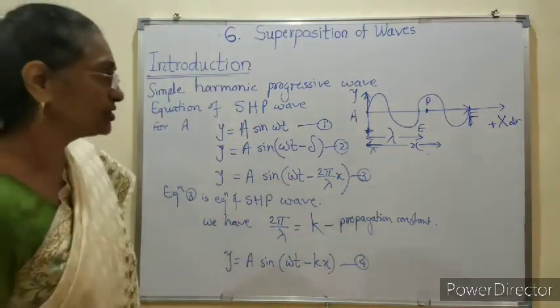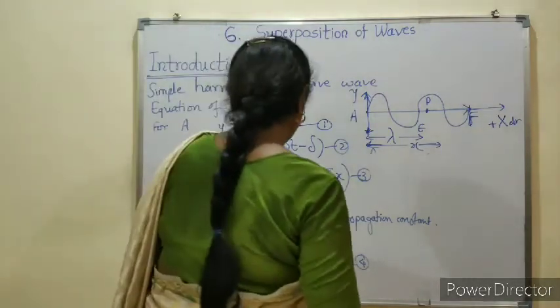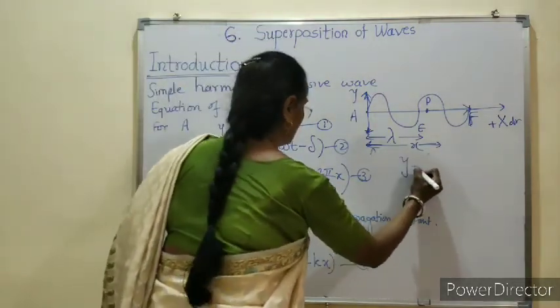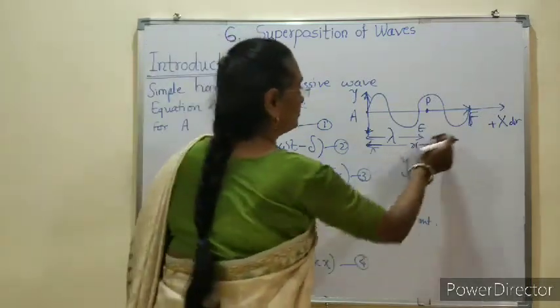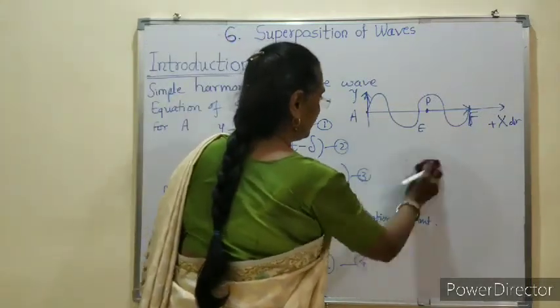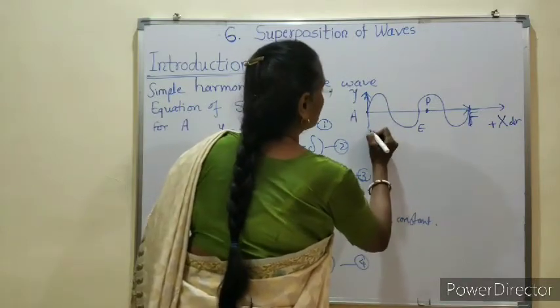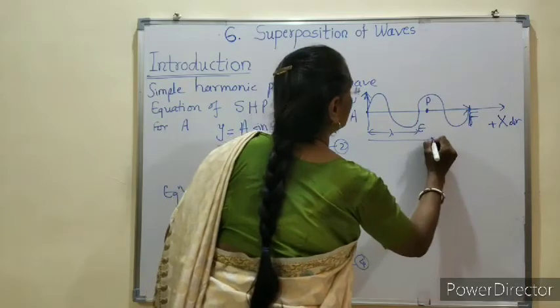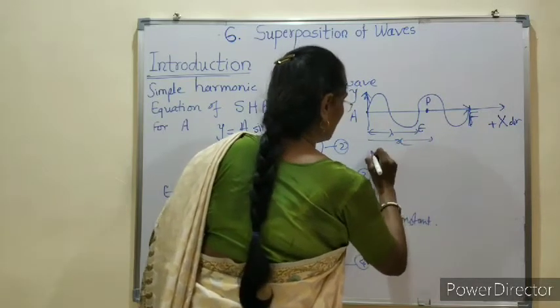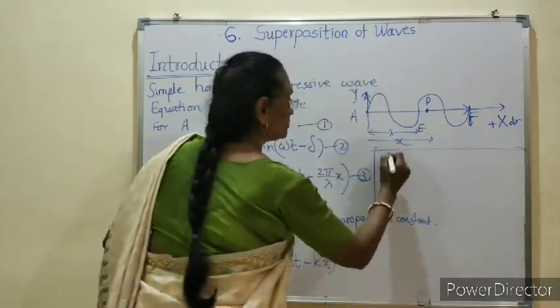Also, more modifications are there. We take equation 3 again, without disturbing it, where this distance is lambda and this one is x.